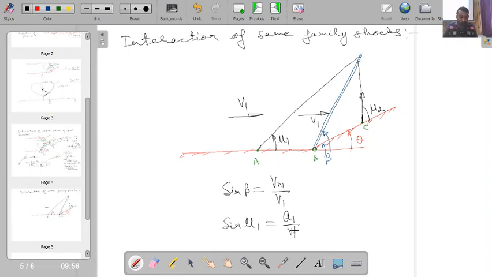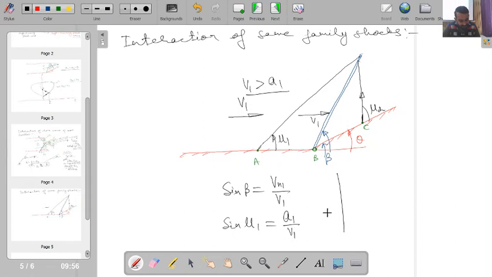Now the first important point is that we are considering the presence of a shock wave over here. A shock wave will only form if my V1 velocity is greater than the speed of sound, because a shock wave forms only for a supersonic flow situation. So V1 has to be greater than a1.